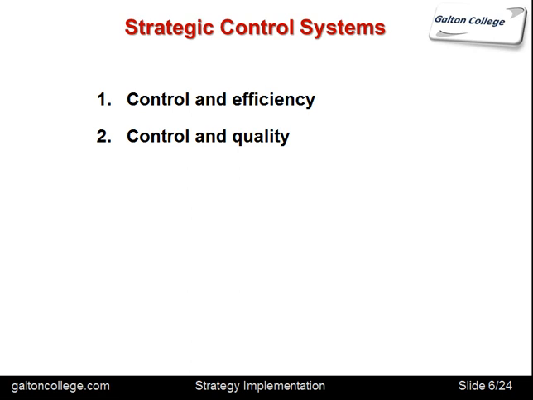So the quality is the cornerstone of the business. The quality of the product is what the customer, the final customer, may be attracted to more than anything else. So it's important that the control system maintains the quality of the product.